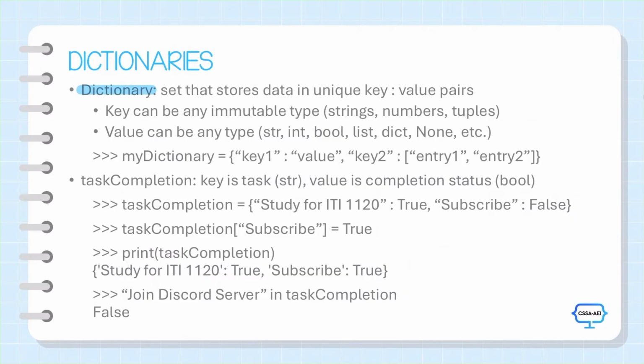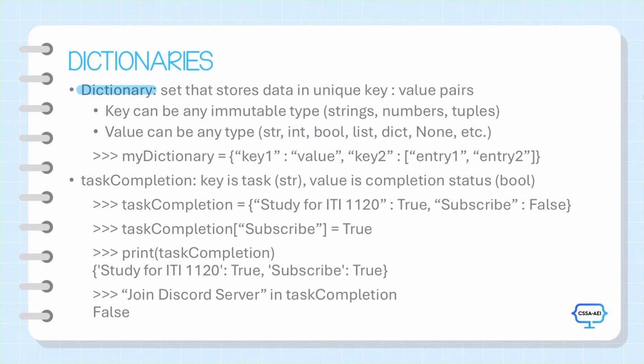So we can index them. We index them with their key. So their key has to be unique. That key can be any immutable type, so strings, numbers, tuples, as long as you cannot change your key, because all of our keys have to be unique so that we can index them consistently. And then our value, just like a list, can be any type.